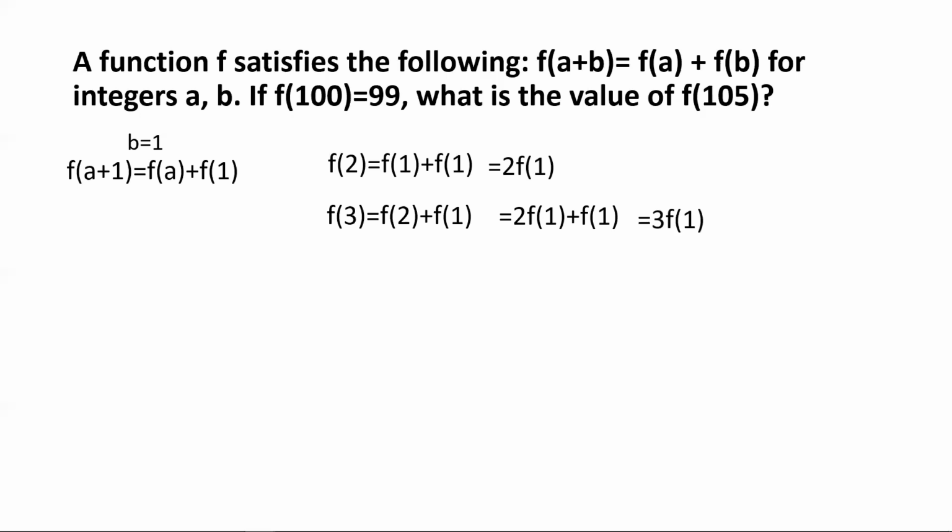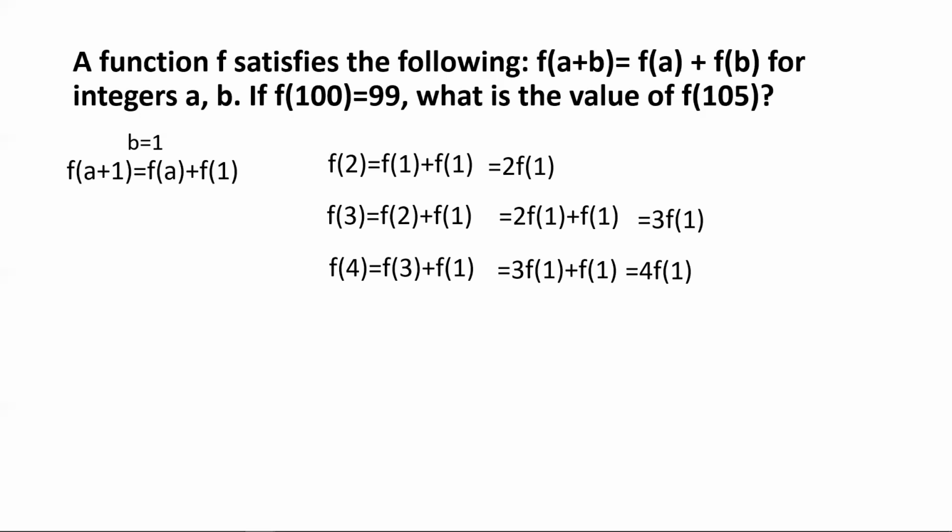So f(3) is equal to 3 times f(1). What about f(4)? f(4) is f(3) + f(1), and since f(3) is 3 times f(1), f(4) is equal to 3 times f(1) plus f(1), and that will come to 4 times f(1).